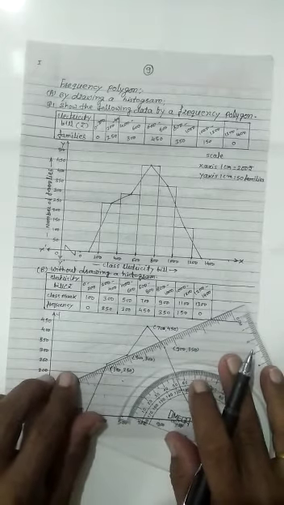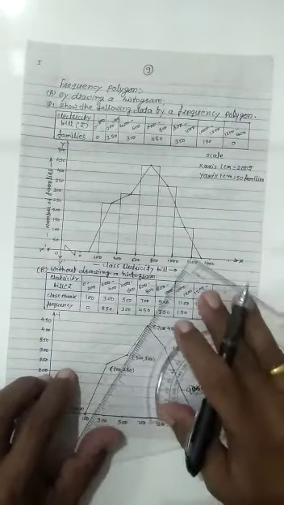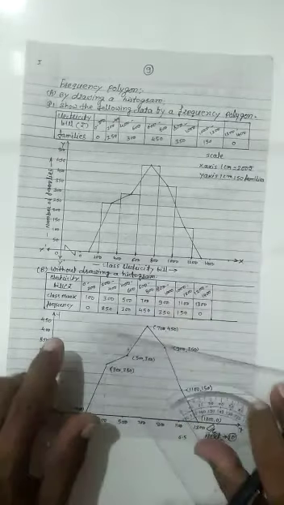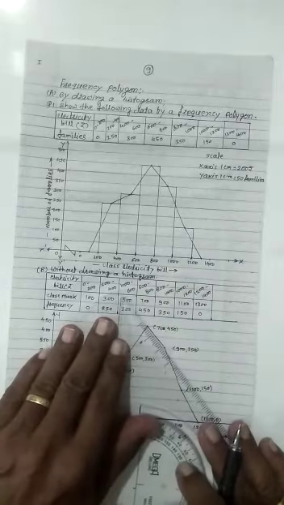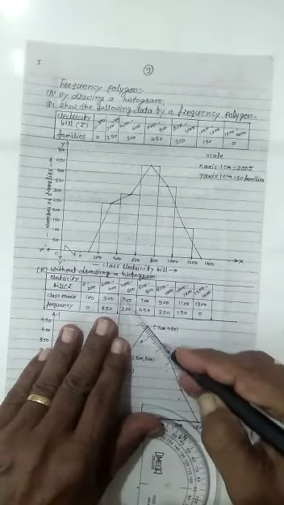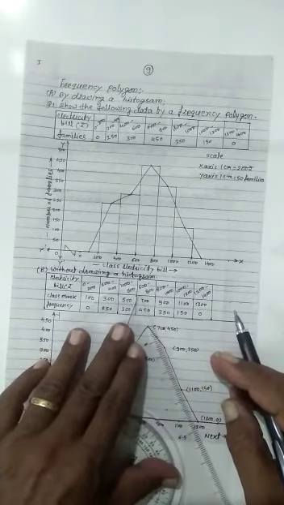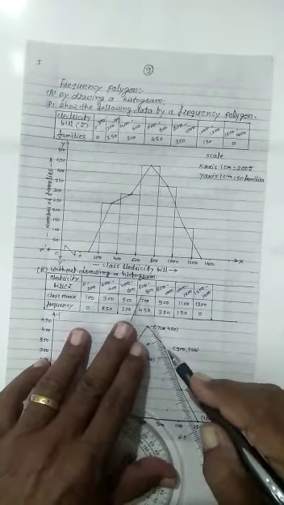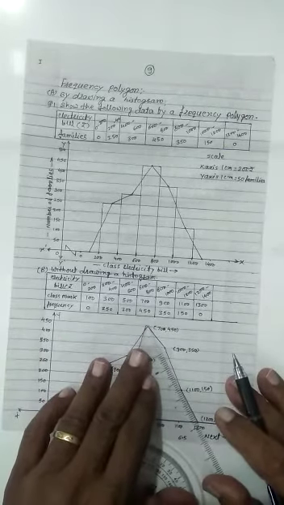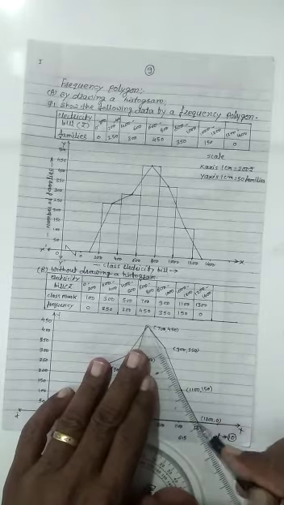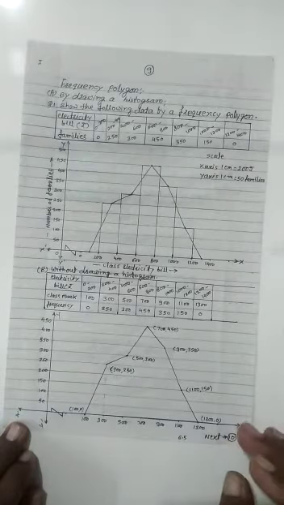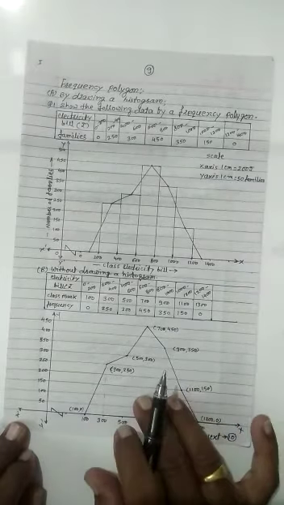Then these 2 points, then these 2 points, then these 2 points, then these 2 points, and the last point is on the x-axis, and these 2 points are joined. In this way we draw the frequency polygon without using the histogram.